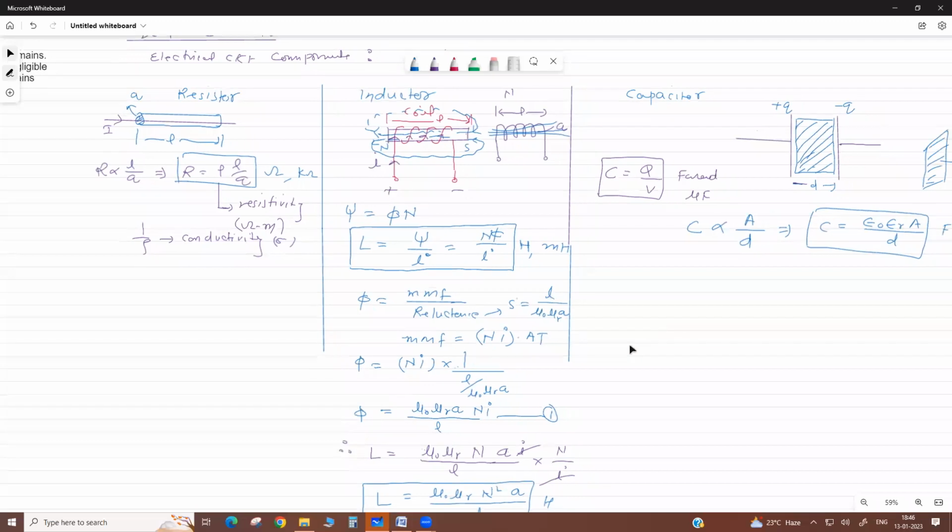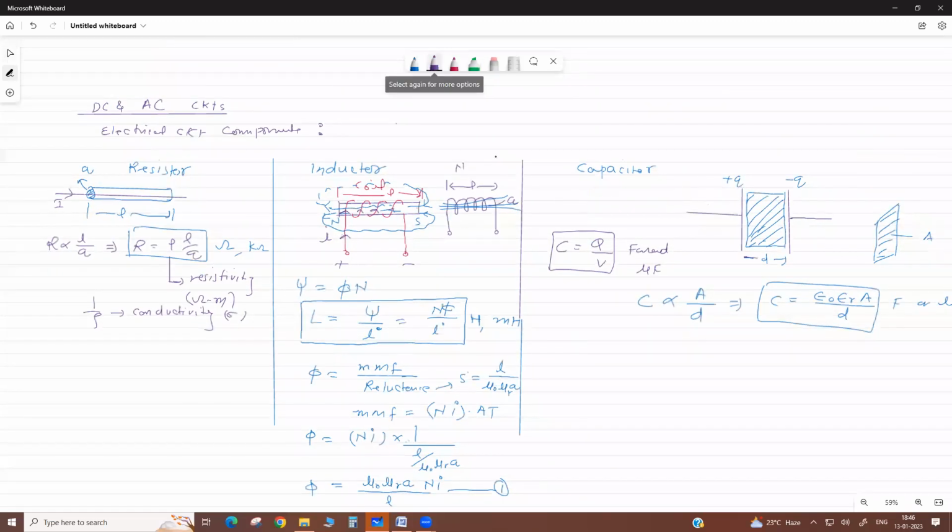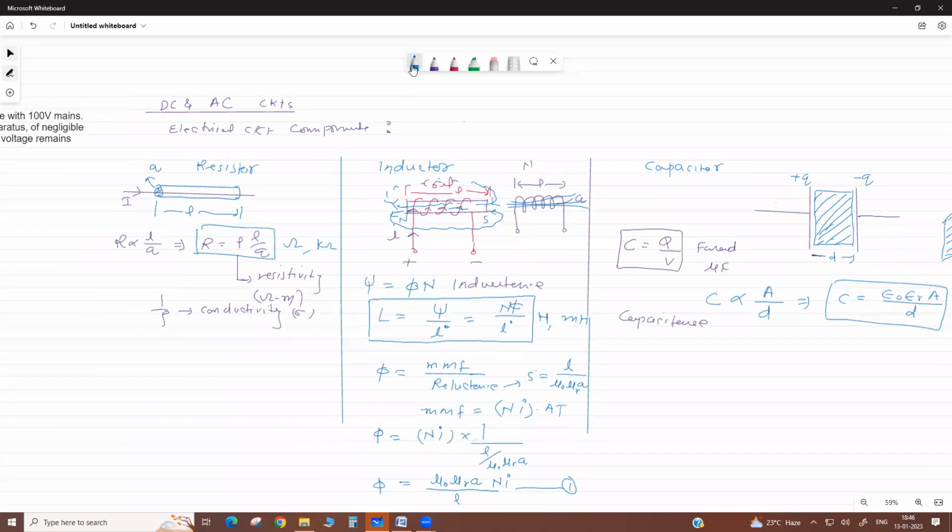Okay, so here we discussed capacitance, the property of a capacitor. This is called inductance, and this is resistance.